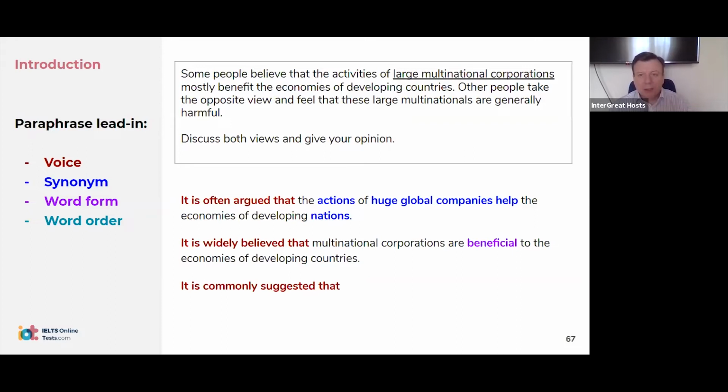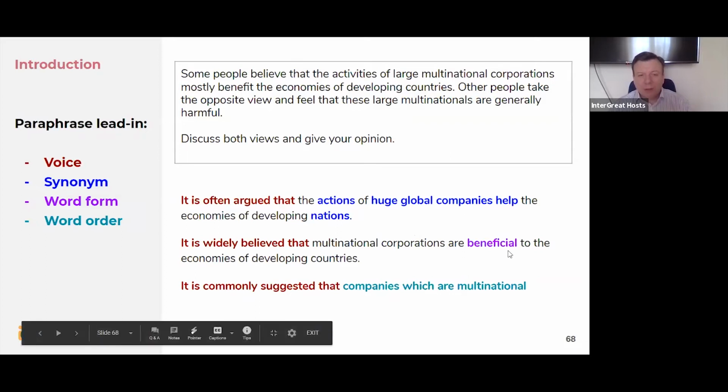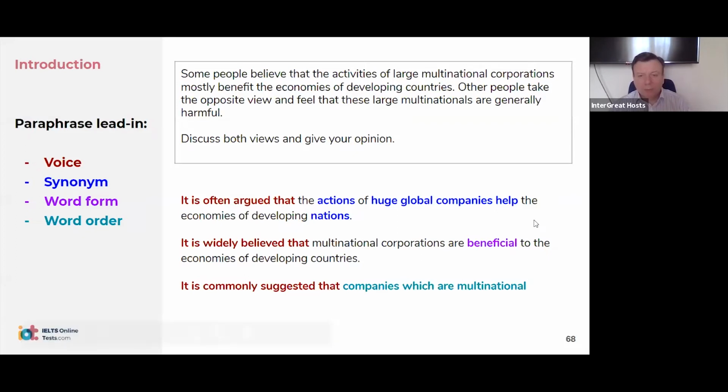So large multinationals. So think about the word order. I've given you that. My stupid mouse is too sensitive. So companies which are multinational. So we've got word order there. So synonyms, word form, word order. Mostly benefit. So how could you change that? The economies of developing countries.